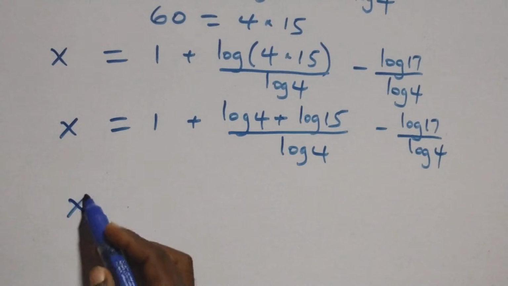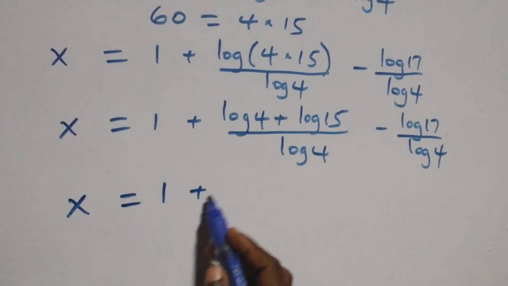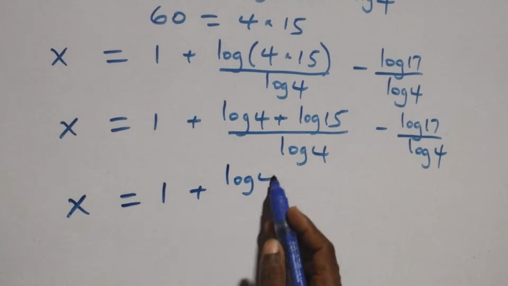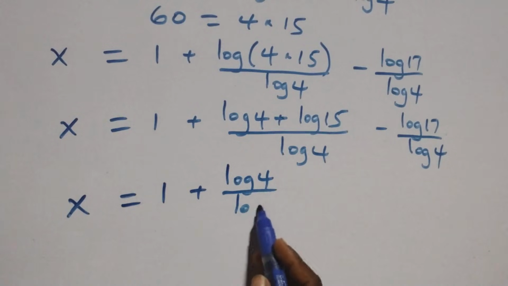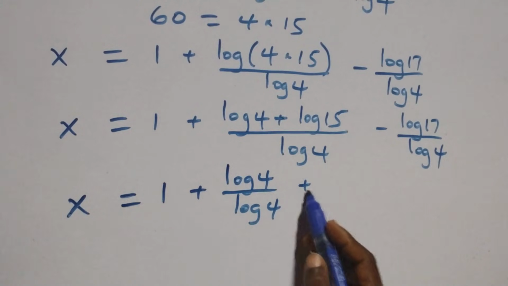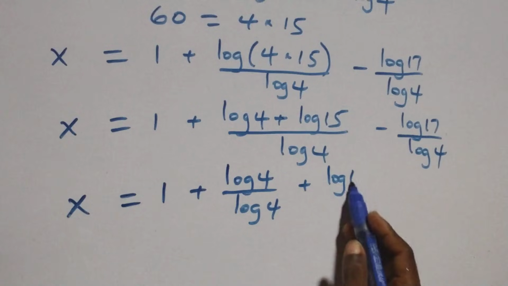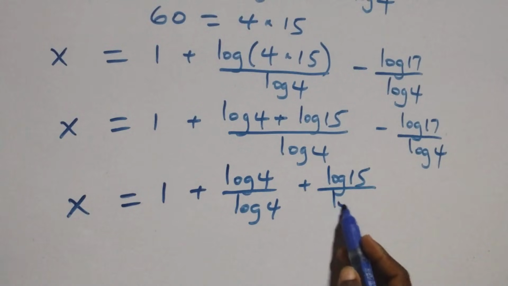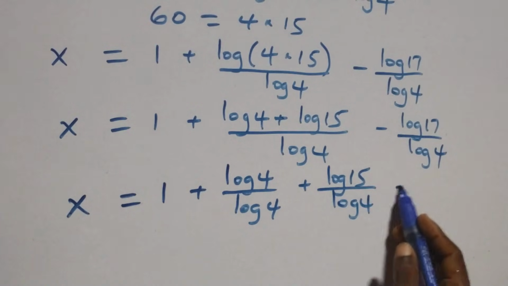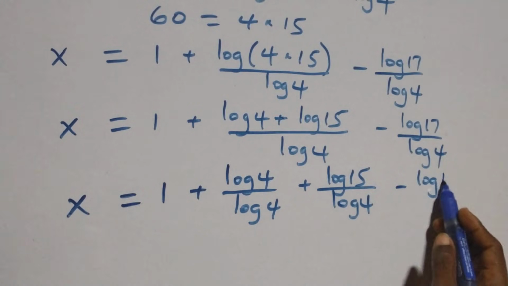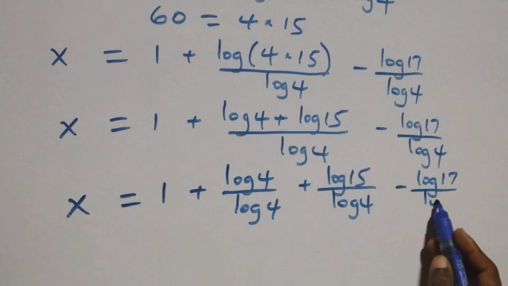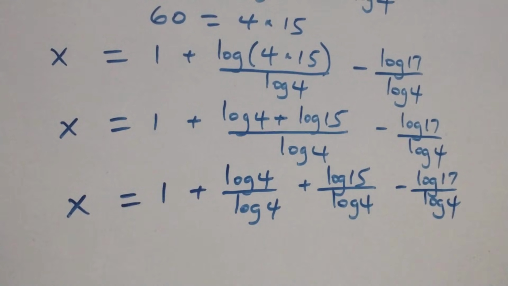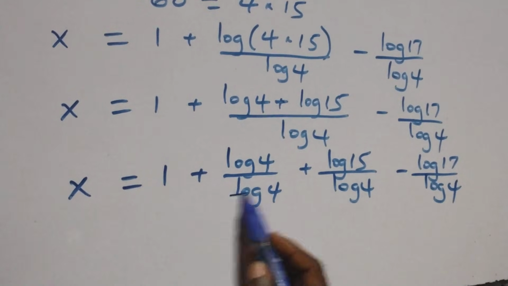This becomes x equals 1 plus log 4 over log 4 plus log 15 over log 4 minus log 17 over log 4, which implies log 4 cancel each other.